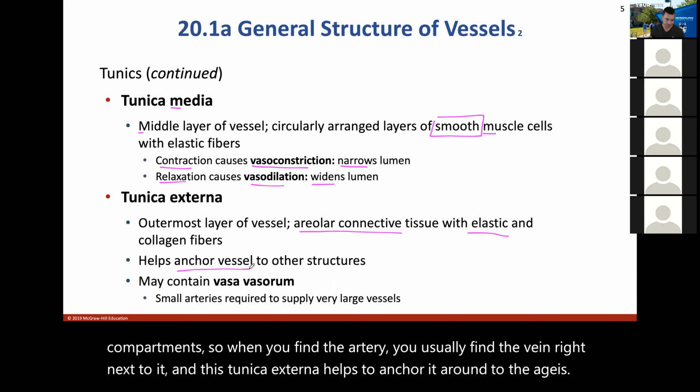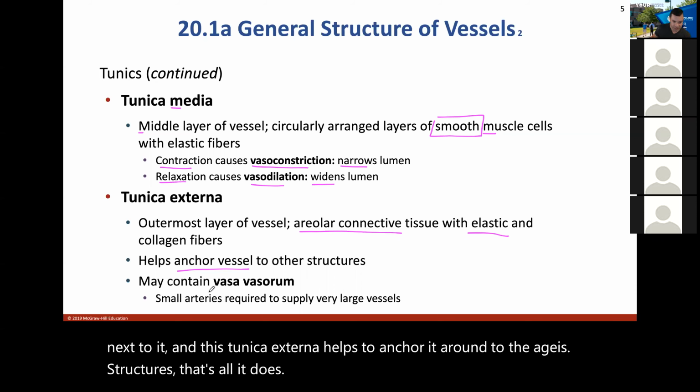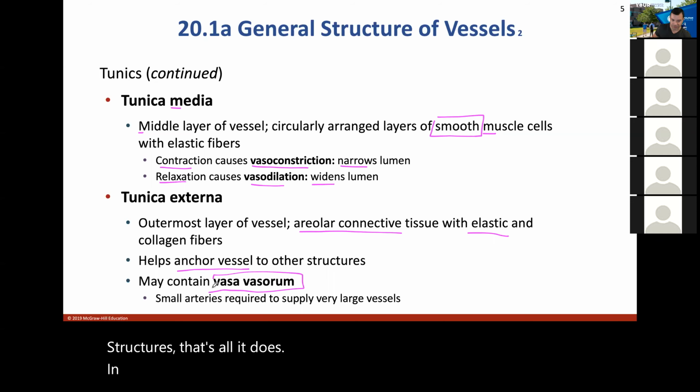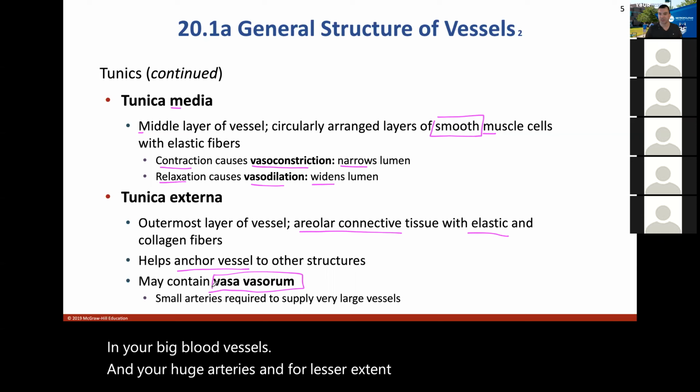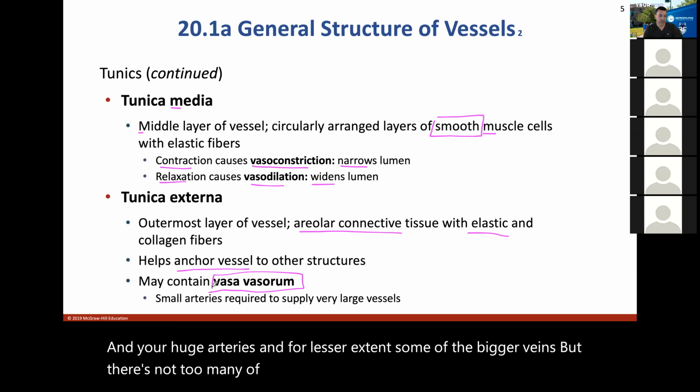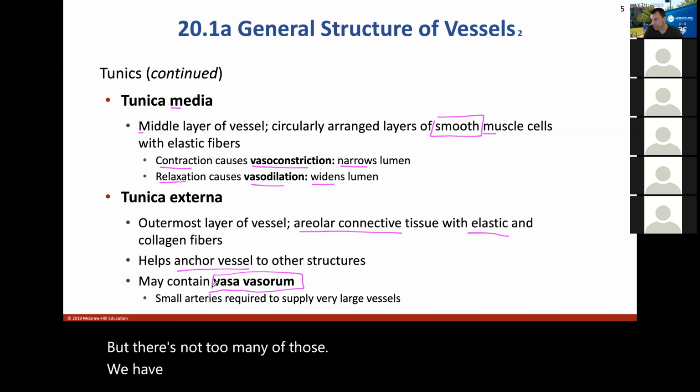That's all it does. In your big blood vessels, in your huge arteries, and to a lesser extent some of the bigger veins, we have in this outermost layer what's called the vasa vasorum, and that means blood vessels of blood vessels.